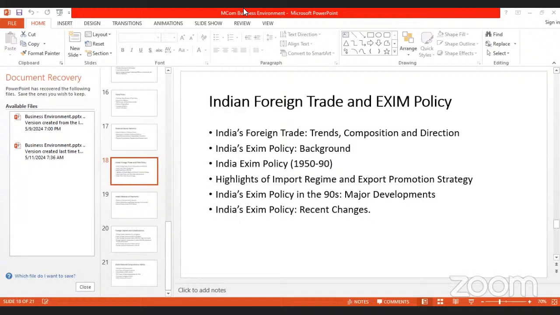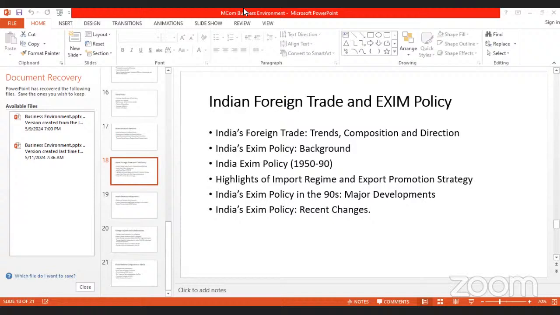So the very first one was liberalization and deregulation. It was helpful in reduction of trade barriers, dismantling of the licensing regime, and lowering of tariffs.